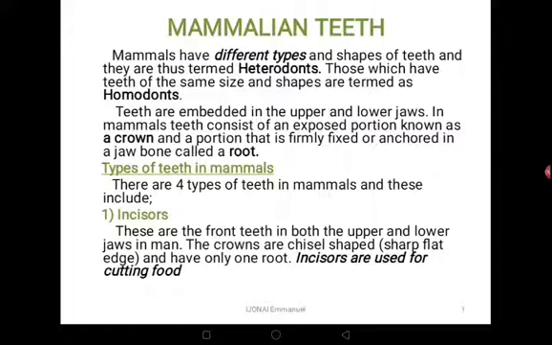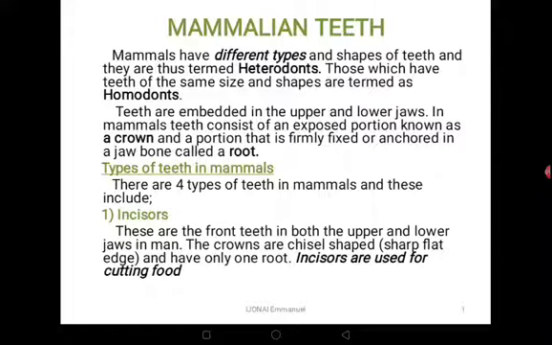And those which have the same type of teeth, the teeth that have the same size and shapes, are called homodonts. So organisms can be classified into two depending on the type and shape of teeth that they have. If the type and the shape of teeth are different, that organism is called a heterodont organism. If the type and the shape are the same, then they are homodonts.